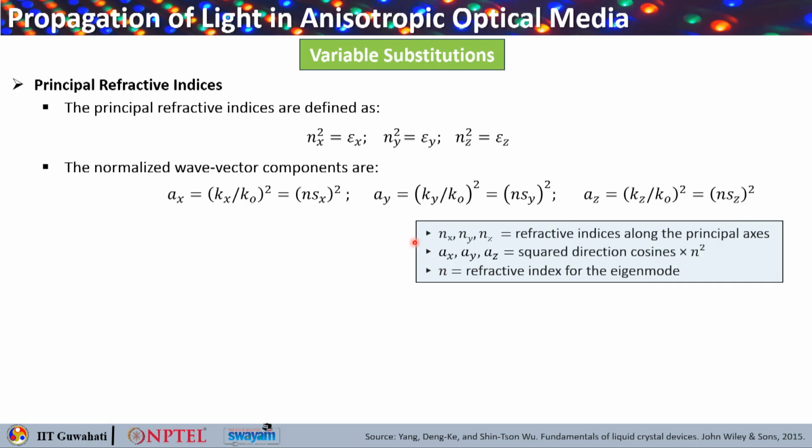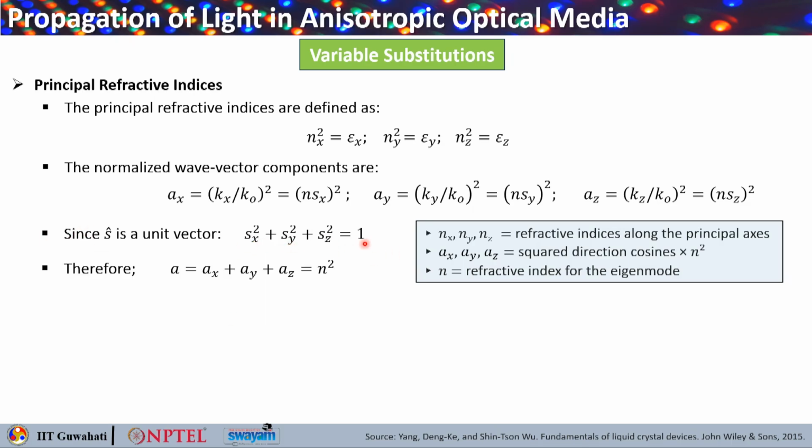So, we already know what nx, ny, nz are. They are the refractive indices along the three principal axes. Similarly, Ax, Ay, Az are also the squared direction cosines multiplied by n square. And n here refers to the refractive index for the eigenmode. Sx, Sy and Sz are also the components of the unit vector S cap. So, if you take the square of these components and add up, you will get 1.